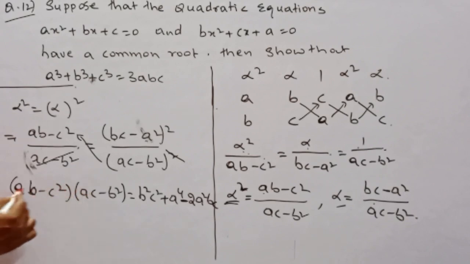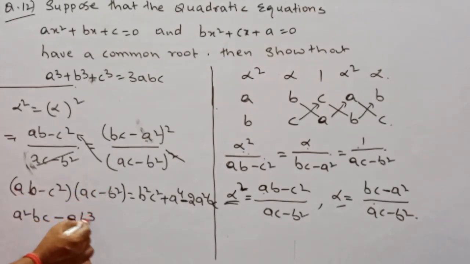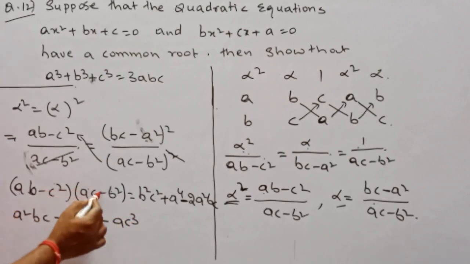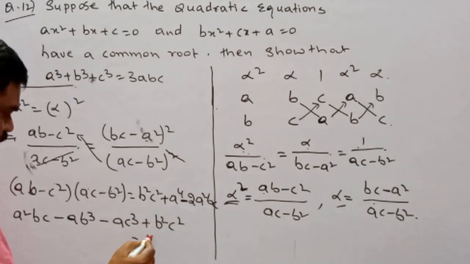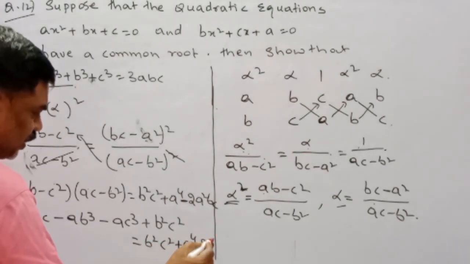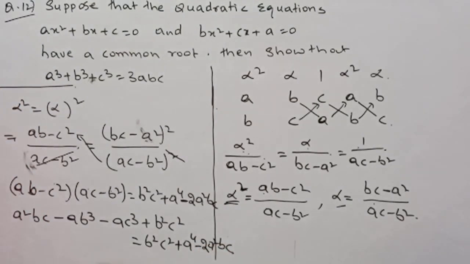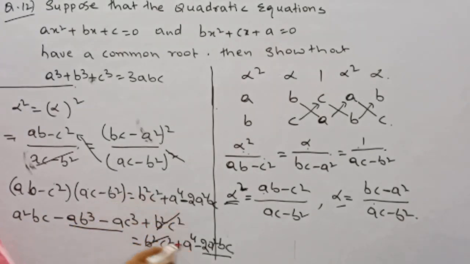So multiplication of these two gives a square bc, and this is ab cube, and these two minus ac cube, plus b square c square equal to b square c square plus a power 4 minus 2a square bc. The b square c square cancels on both sides. Then you take these terms to this side.